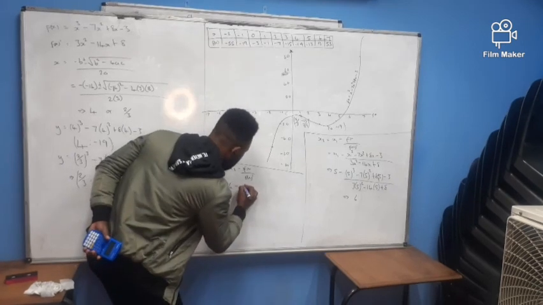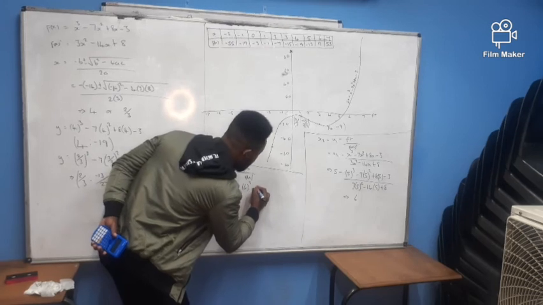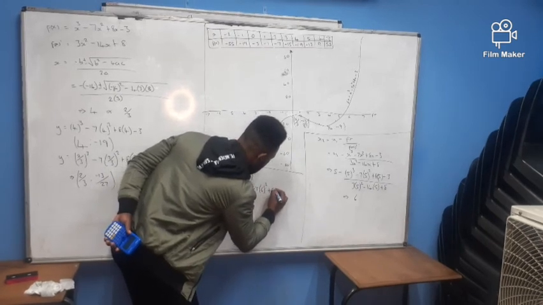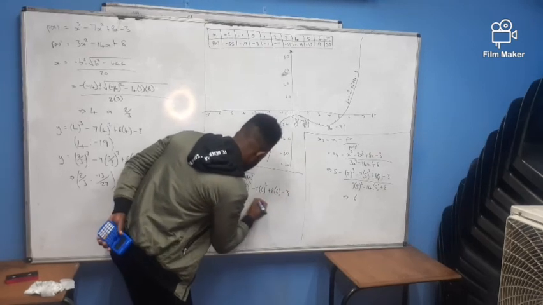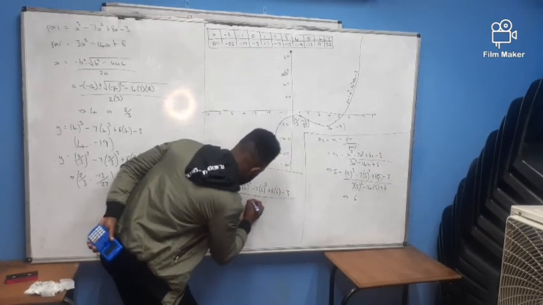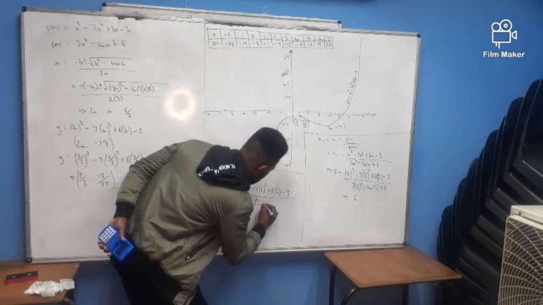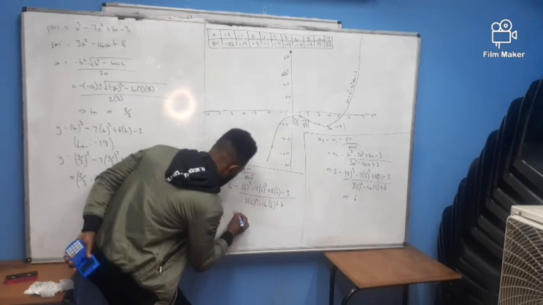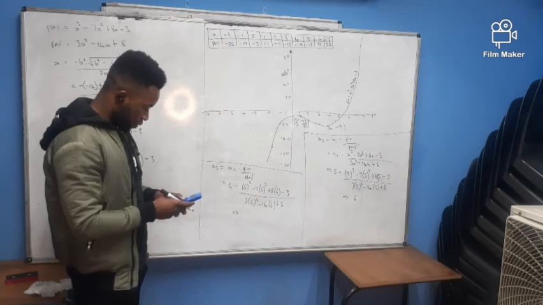This is 6 minus 6 to the power 3 minus 7 times 6 squared plus 8 times 6 minus 3, divided by 3 times 6 squared minus 14 times 6 plus 8, and then I punch and get my answer.